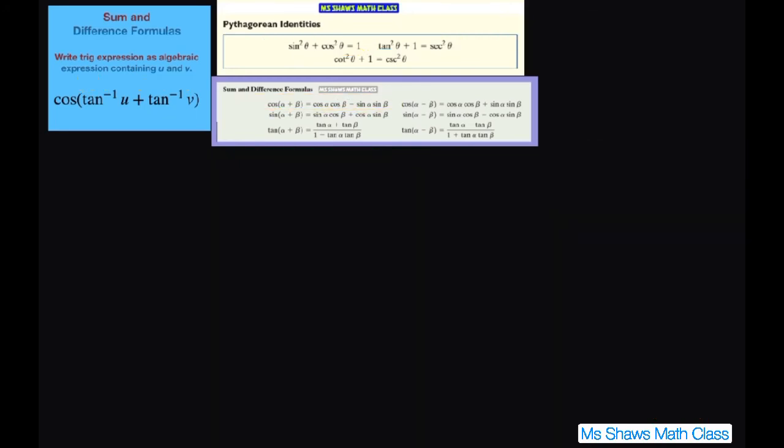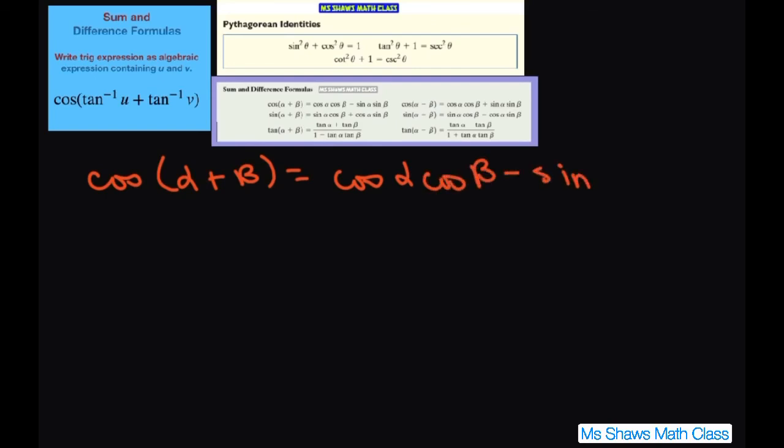We're going to have cosine of alpha plus beta equals cosine of alpha cosine of beta minus sine of alpha sine of beta. And now we're just substituting.